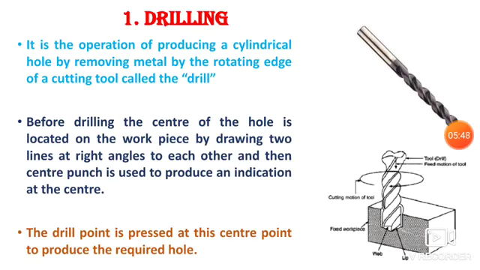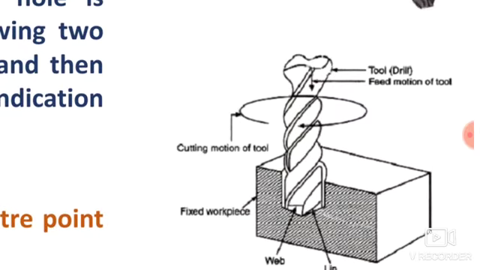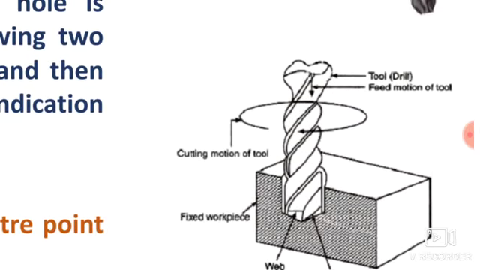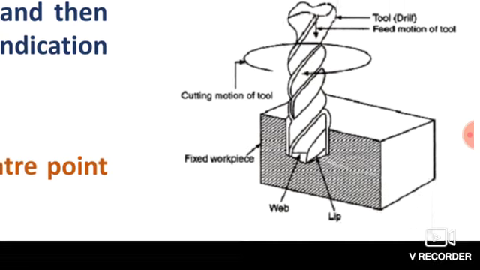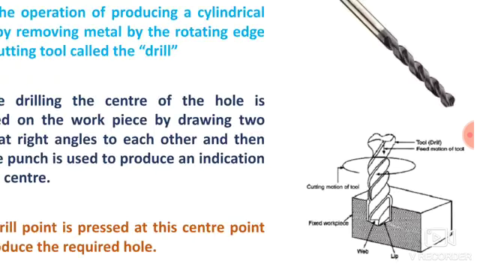So the drill point is pressed at this center point to produce the required hole. So here you can see a drilling process. This is a drill bit, and it is a rotary member, and the workpiece is fixed over the table of the machine, and then it has a web and the lip. Lips are the two cutting edges of the drill bit.